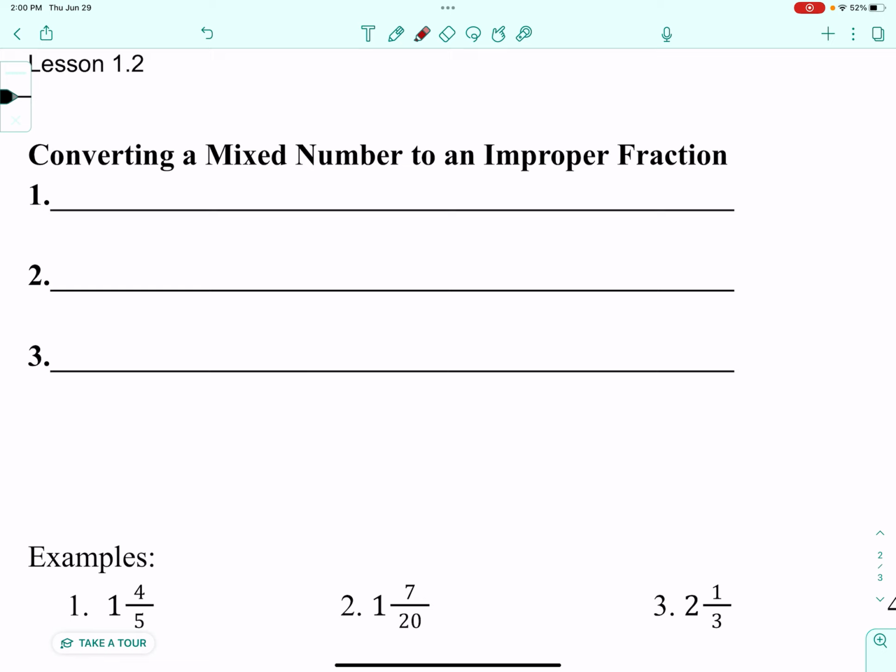In order to convert a mixed number back to an improper fraction, the first thing we're going to do is multiply the integer by the denominator.